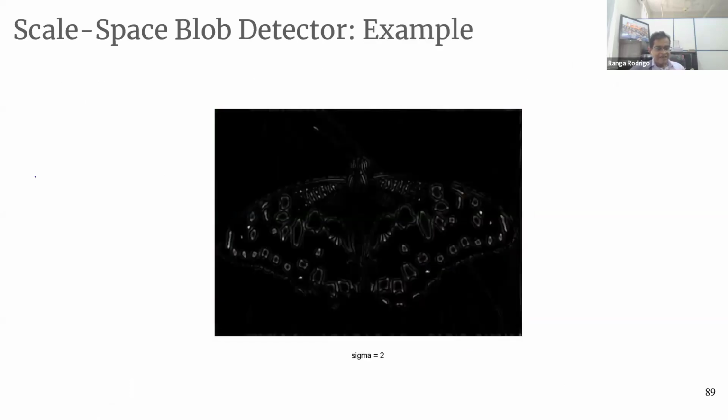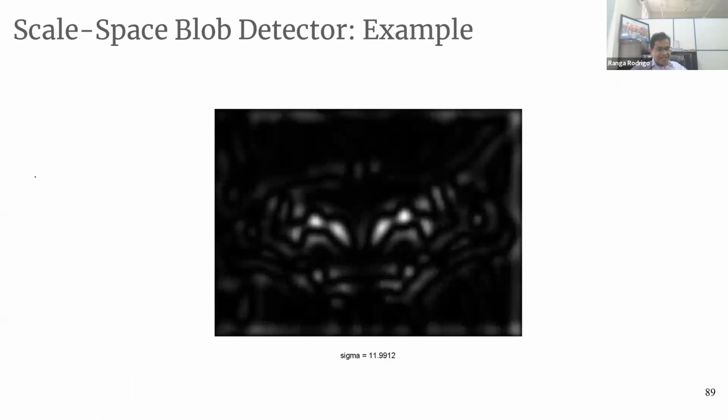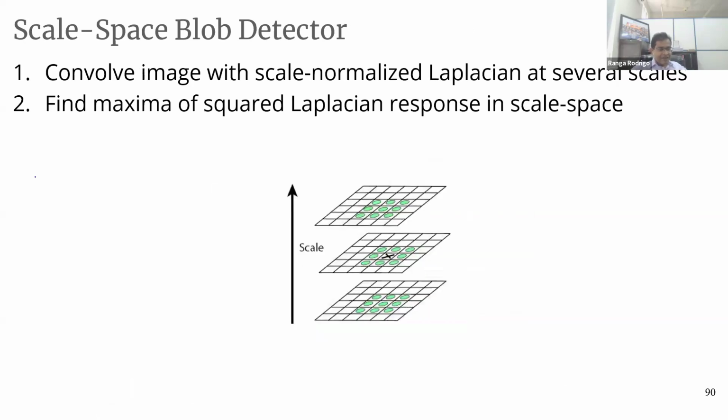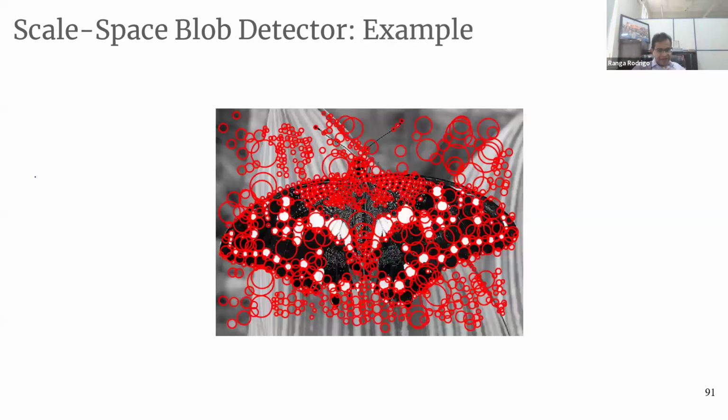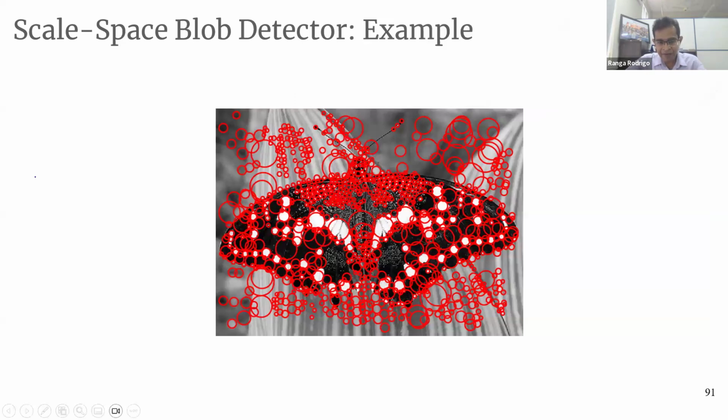Here you can see a very small blob, a little bit larger blob, larger; larger and larger structures appear. After that, you align them along a vertical axis, and at every single pixel you consider the local maximum. So there is a little bit of an algorithm there. After you detect these blobs, you can draw circles because you know the radius also. This is how I have drawn some of these things.